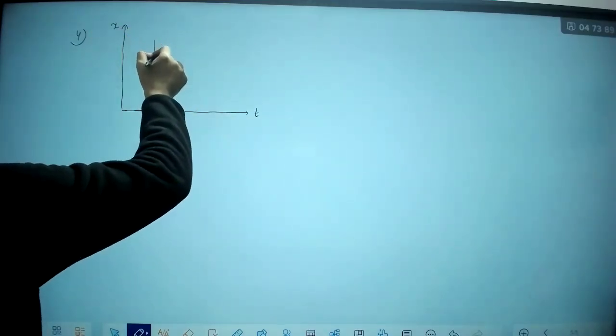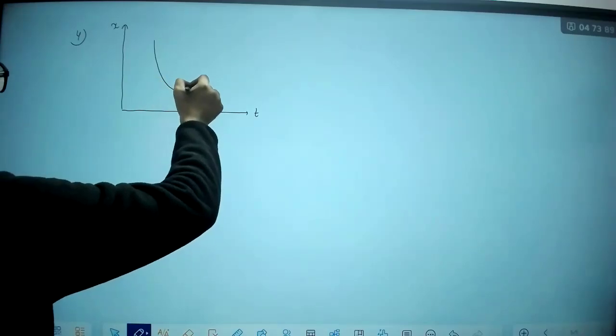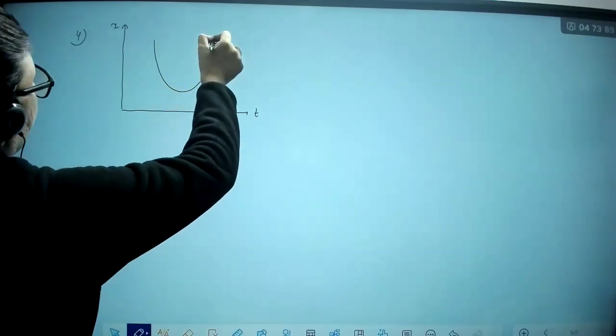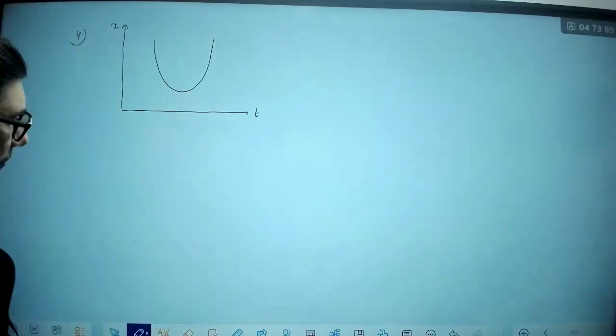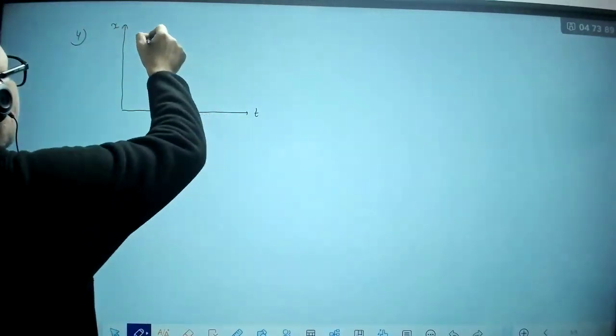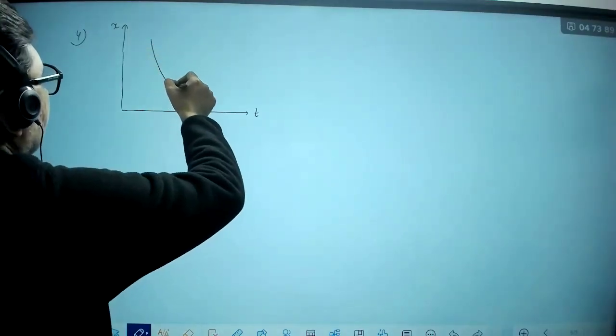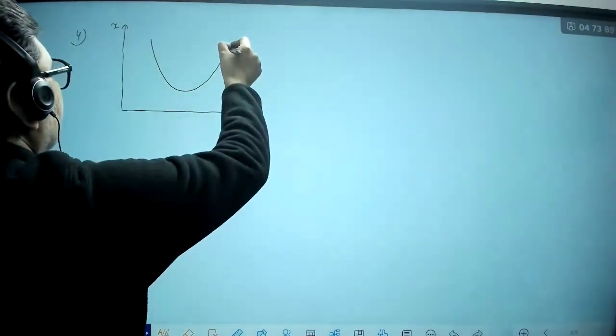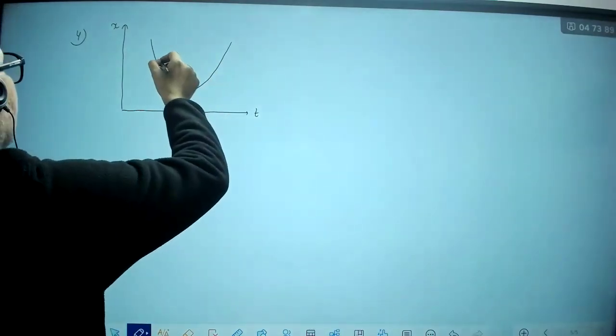So if the graph is like this, if you are having this type of graph, I can make it more. So suppose the graph is like this, in this way.